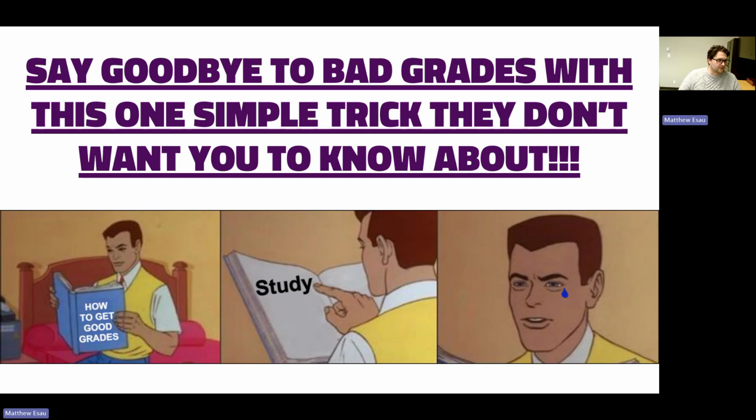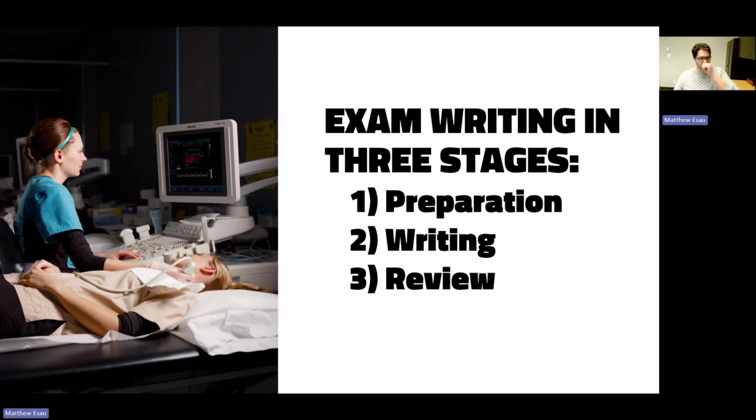And of course, the trick is that you have to study, which is not always what we want to hear, but there's really no simple trick to getting good grades. It's a lot of little things done well and consistently. It's a skill like any other skill that you can learn to be better at. So we're going to look at how we're going to do that today when it comes to exams.